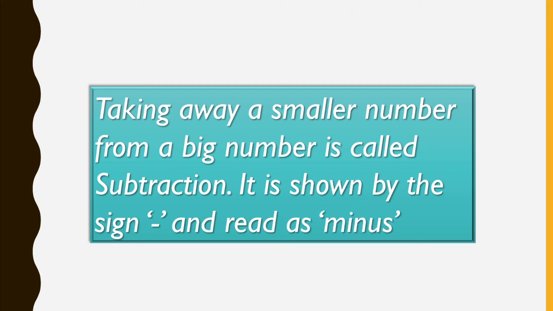It is shown by the sign like this, okay, small line, and read as minus. M-I-N-U-S, minus. For this, children, always we take away or we minus smaller number from a big number. We can't take out big number from small number, isn't it? Right? Okay.